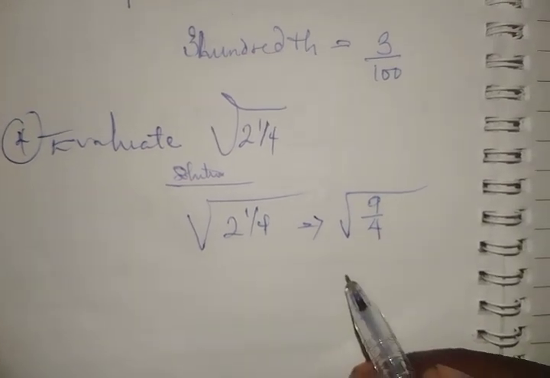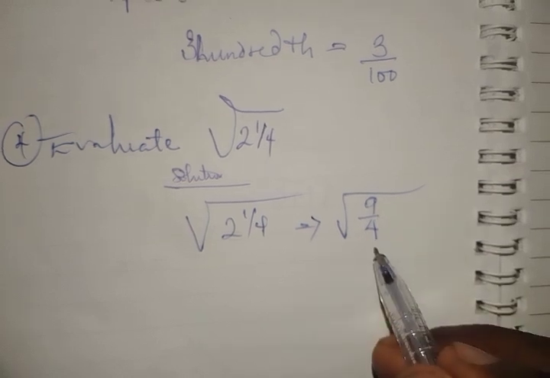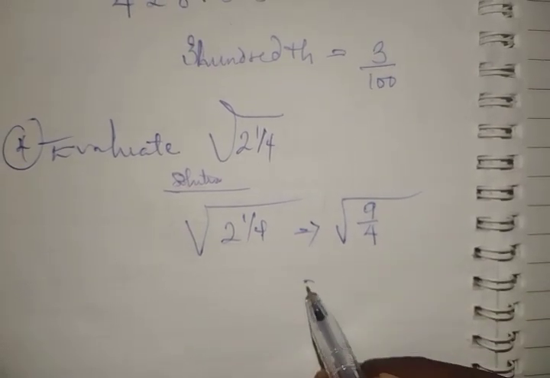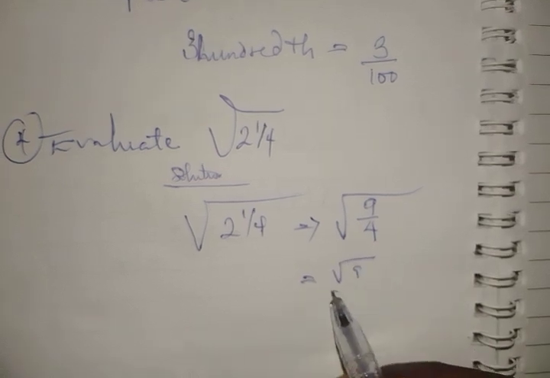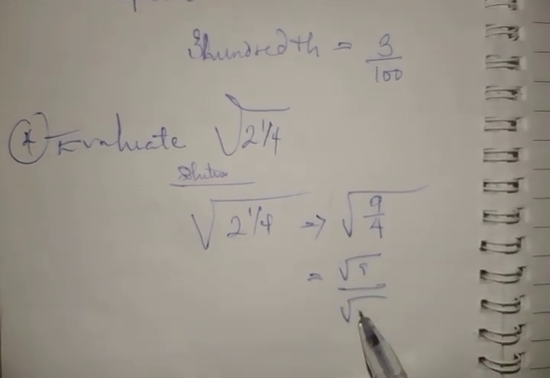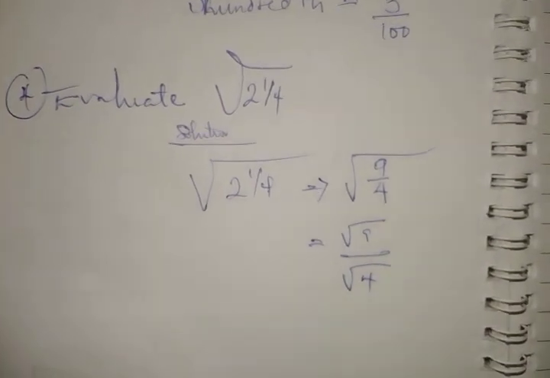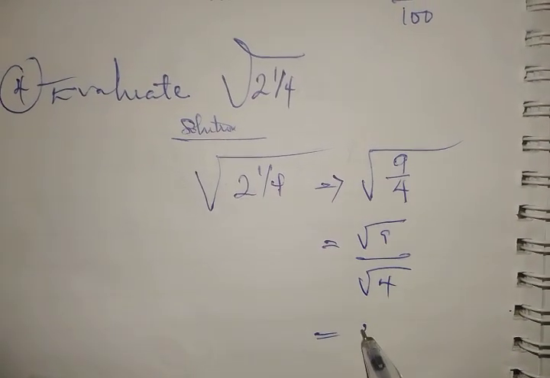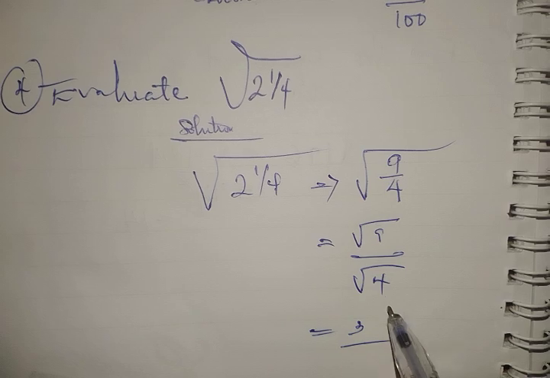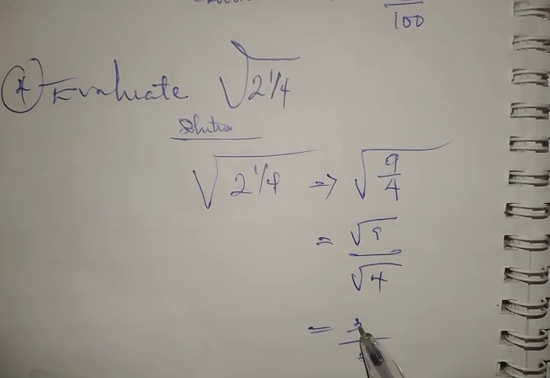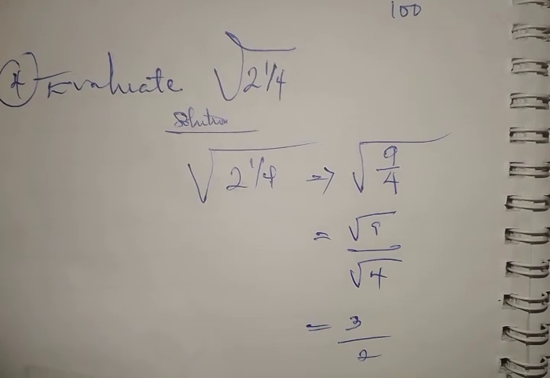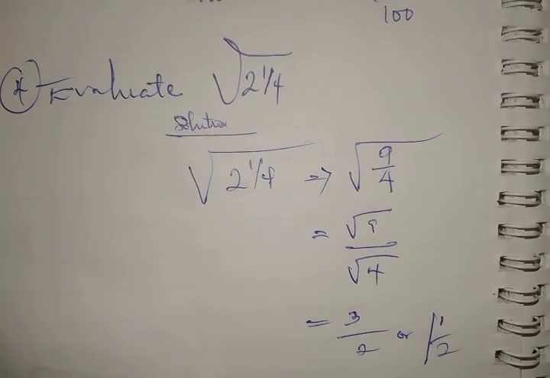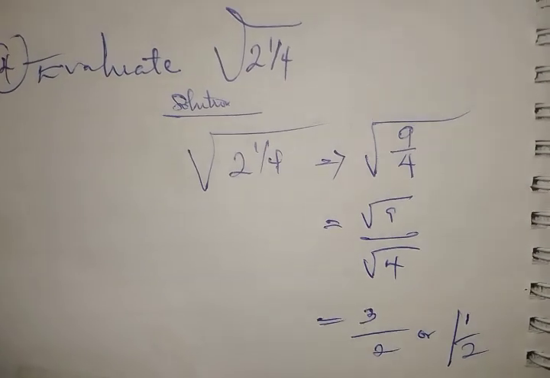The square root of 9 and the square root of 4. So this is the same as square root of 9 over square root of 4. And without wasting much of the time, the square root of 9 is 3 and the square root of 4 is 2. So 3 over 2 is your final answer, or 1 whole number 1/2. Whichever one you see in your option, you're free to choose.